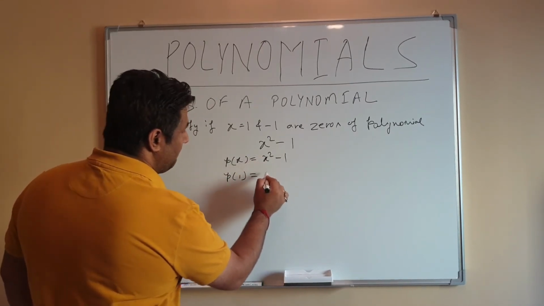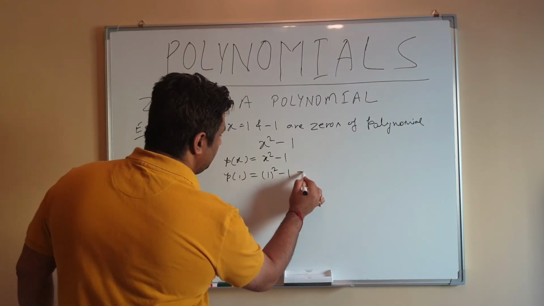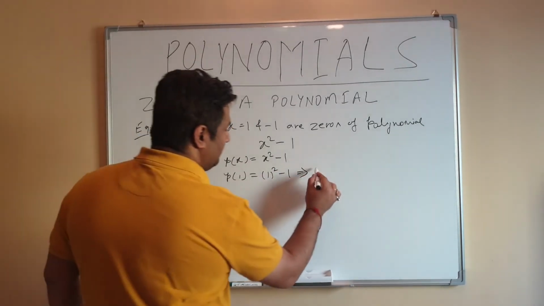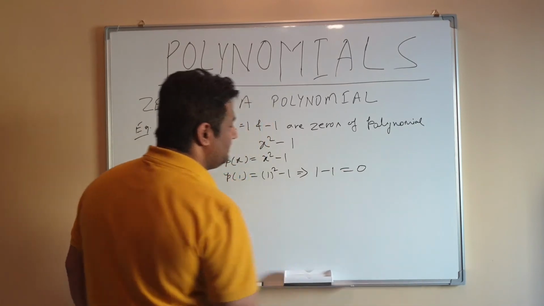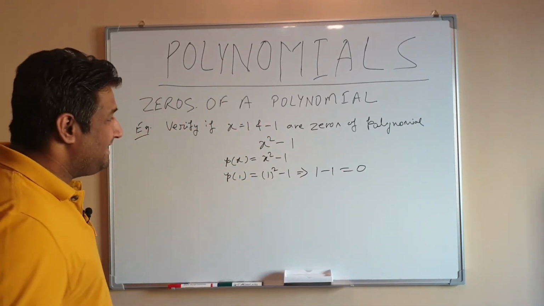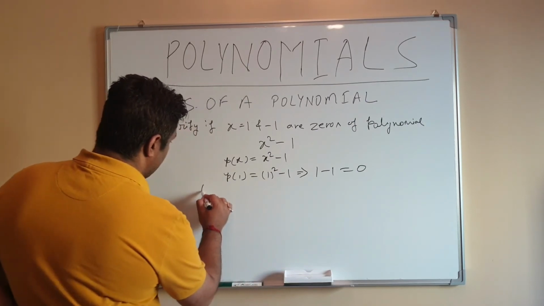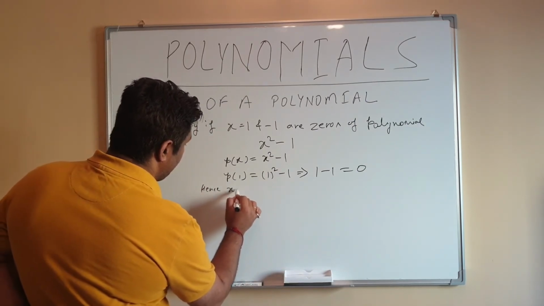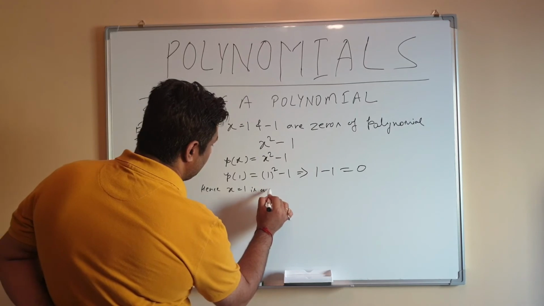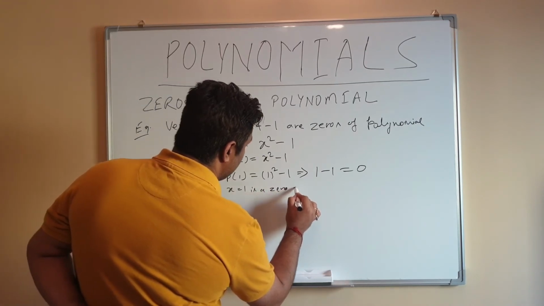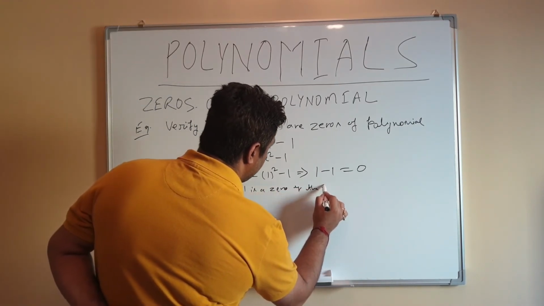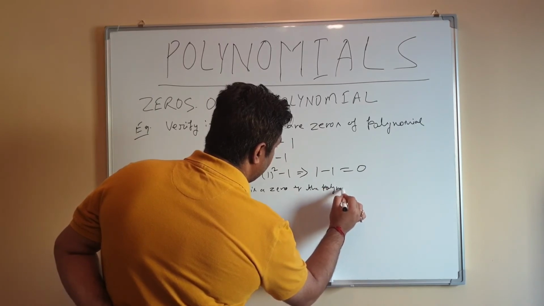In place of x, I'll write 1. So 1 square minus 1. Now 1 square is 1 itself. So 1 minus 1 will become 0. So that means x is equal to 1 is a 0 of the polynomial. So we'll just write, hence x is equal to 1 is a 0 of the polynomial.